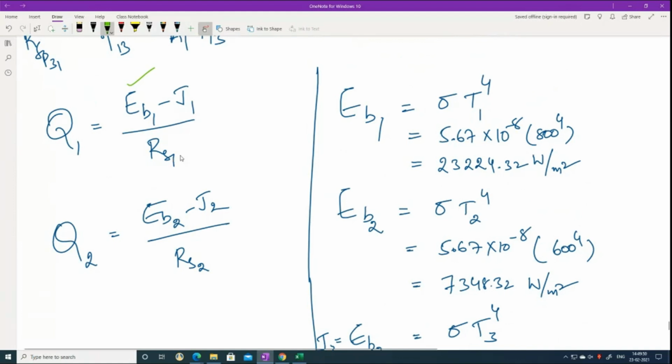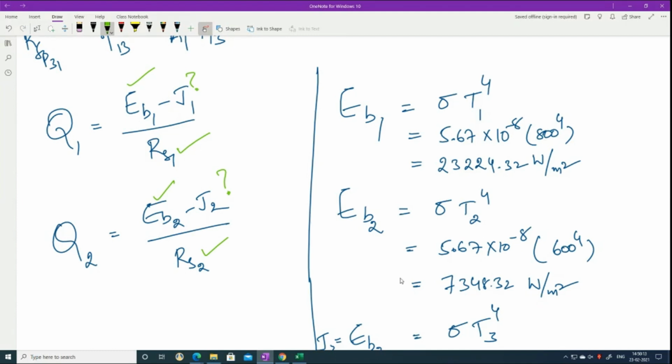See, you know EB1 and RS1, EB2 and RS2, but you don't know what J1 is, isn't it? J2 is unknown to you. So how do you get these J1 and J2 values? Tell me. How to calculate J2 and J1? That is the key here.